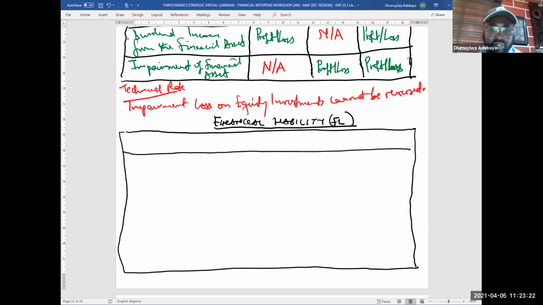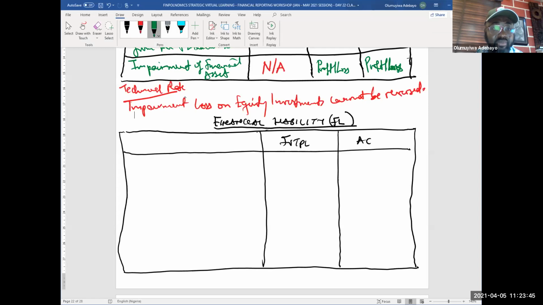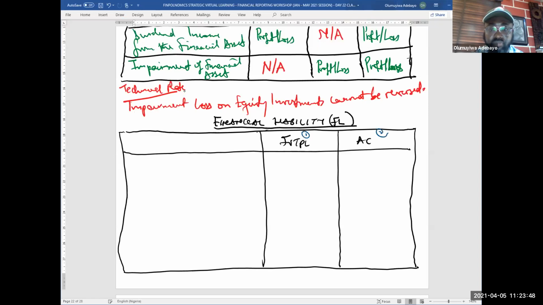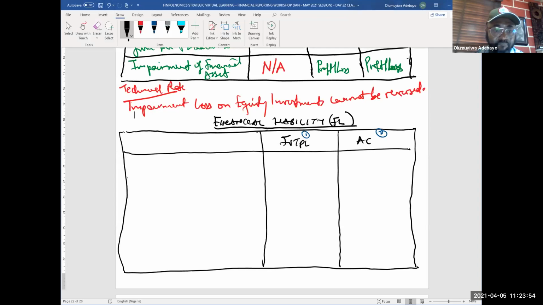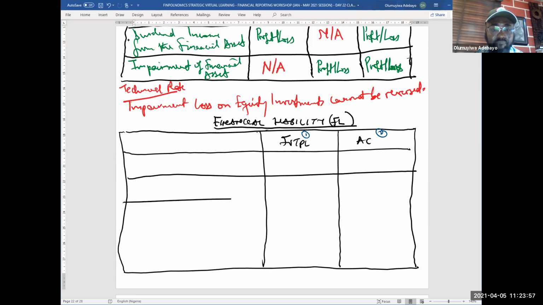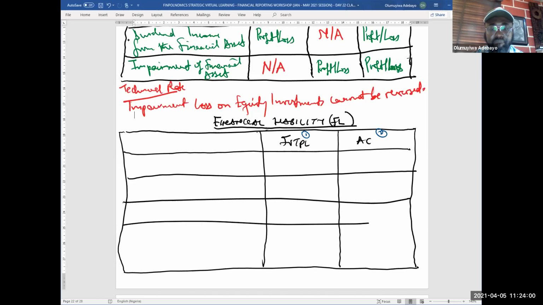Remember, financial liability has only two buckets: fair value to profit or loss and amortized cost. Now let's look at them one by one.